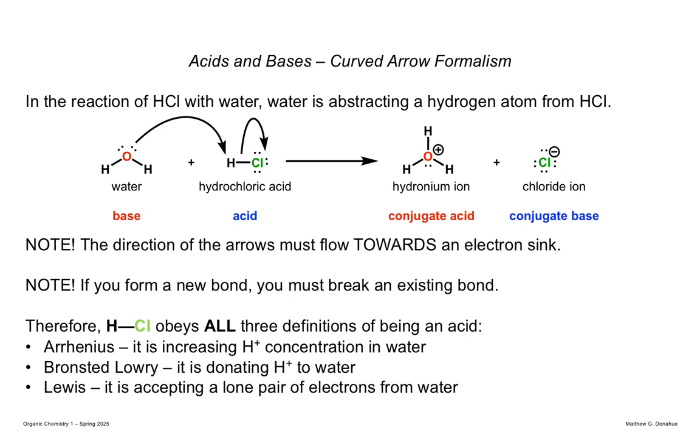So to summarize that, HCl does obey all three definitions of being an acid. So it will increase the proton concentration in water. It's donating a proton to the water, and it's accepting a lone pair of electrons from the water.